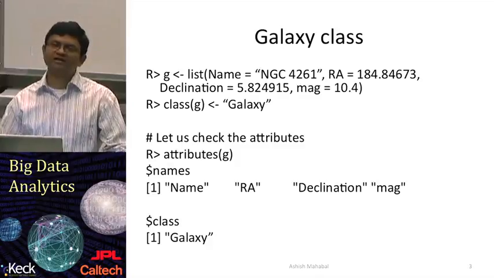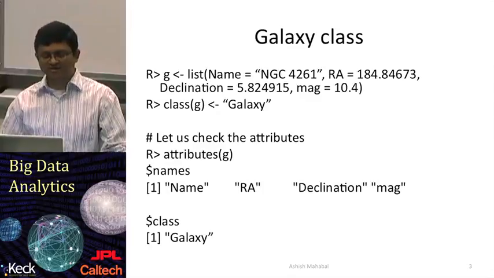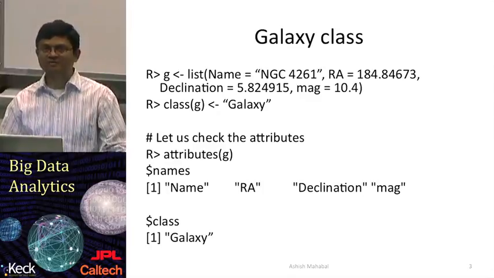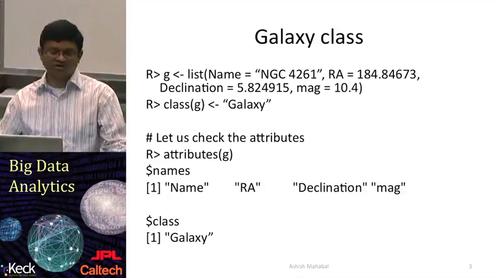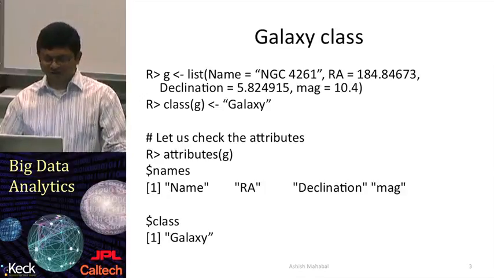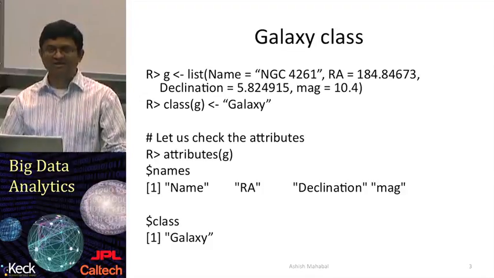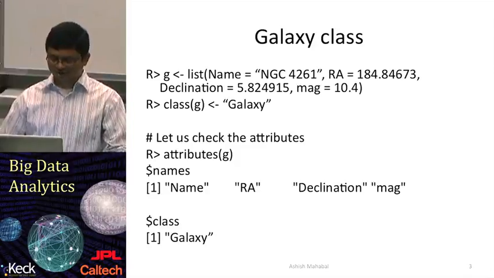Now you can go ahead and check the attributes of the class. Since g is an example, you can say attributes of g, and then it will immediately tell you what are the names available with g. And those are, in this case, name, RA, declination, and mag. And then it will go ahead and tell you that the class is galaxy, that is, belongs to the class galaxy.